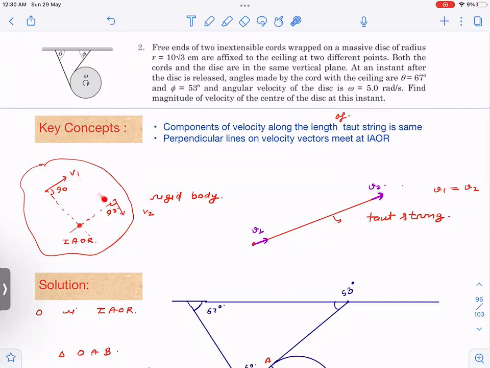Since the body is doing pure rotation, velocity should be along the tangent. So these are two tangents. If you draw a perpendicular on the tangent, then the perpendicular to the tangent is the radius. So two radii will meet at the instantaneous axis of rotation. If you are not very familiar with this concept, then you have to learn it first. Once you understand this concept, then only can you understand this question. After that, it's very easy.